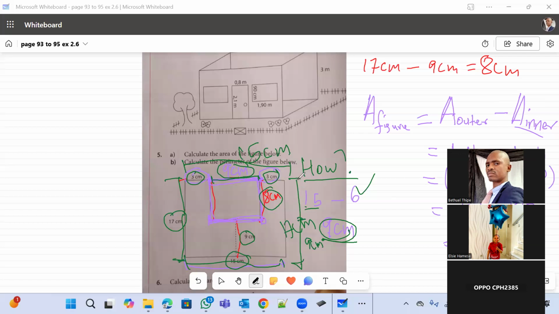And then we wanted the distance from here to there, which is 8 centimeters. Okay, and then we may proceed.